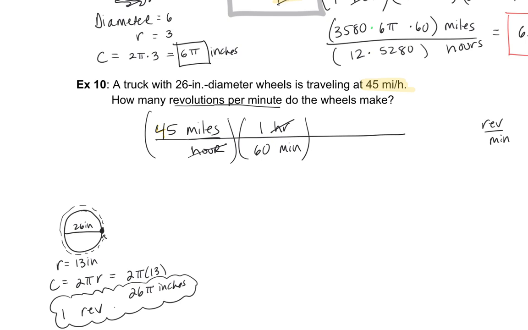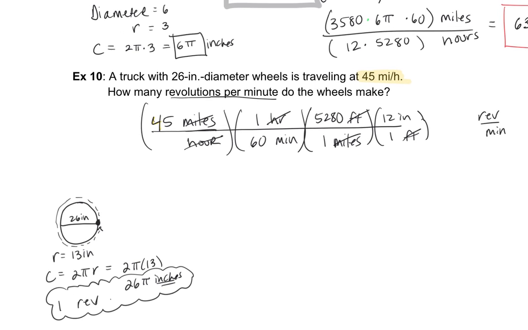All right, but our units were given in miles, so we don't want miles. We'll use 5,280 feet is in 1 mile, but since our circumference is in inches, we want to convert. So we converted from miles to feet. We don't want feet, so we'll do that. 1 foot is 12 inches. So now our feet cancel. Okay, good.